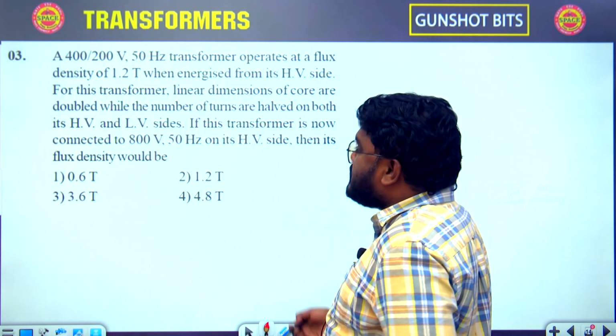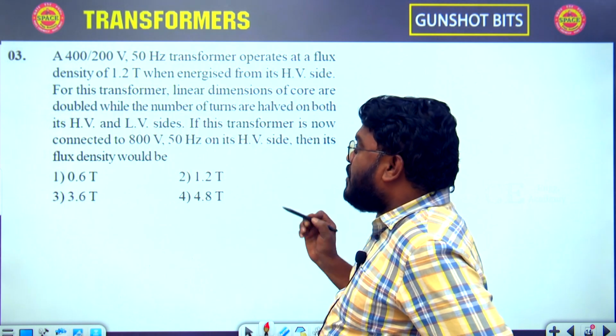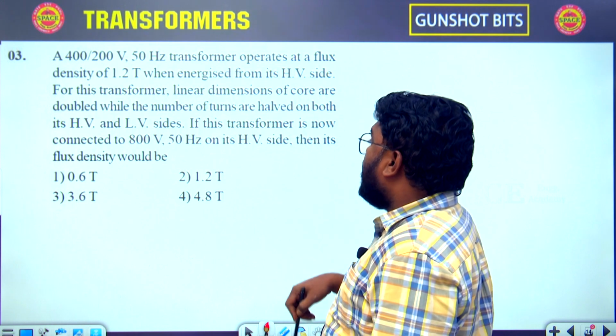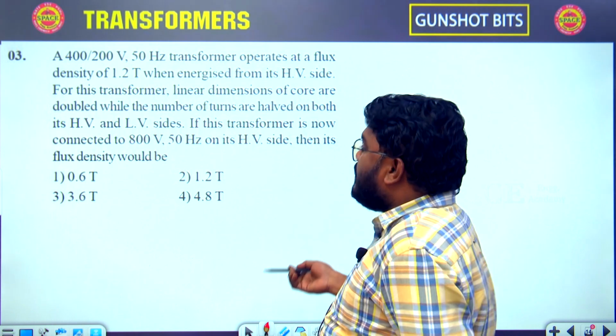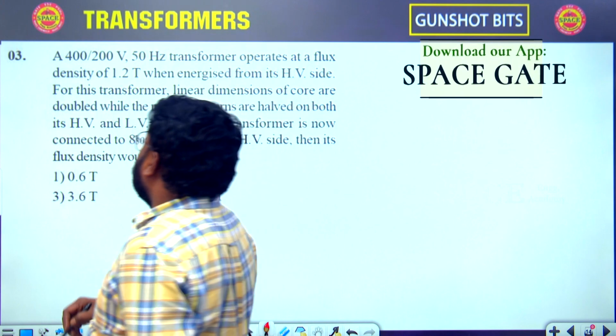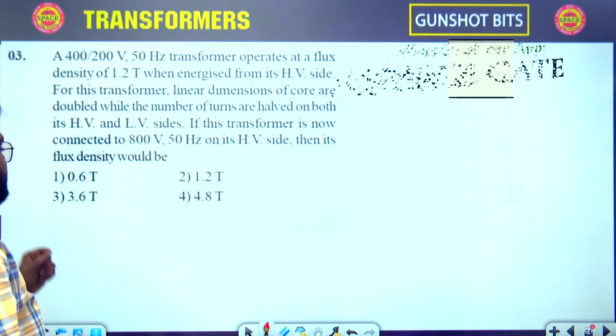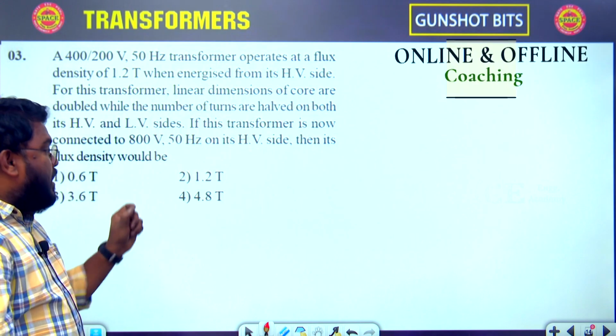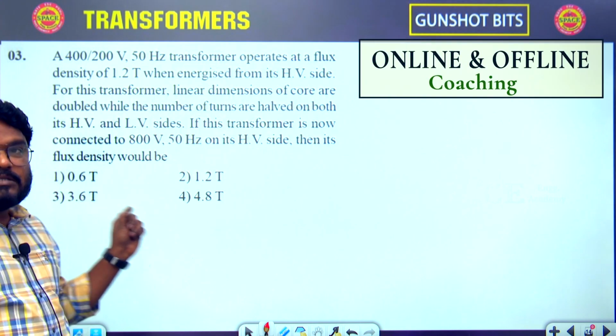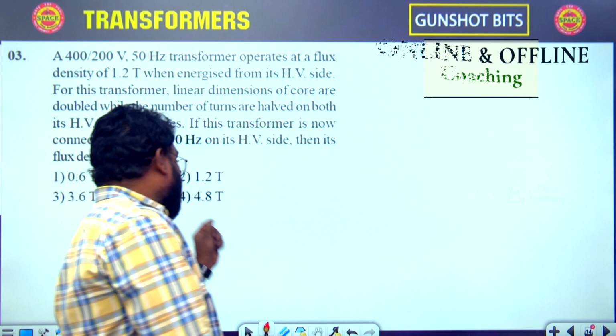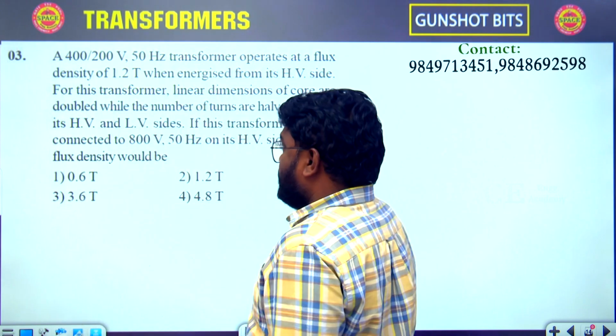This transformer is now connected to 800 volts, 50 hertz on its HV side. Then the flux density would be: option 1, 0.6 Tesla; 0.1 Tesla; 3.6 Tesla; and 4.8 Tesla.